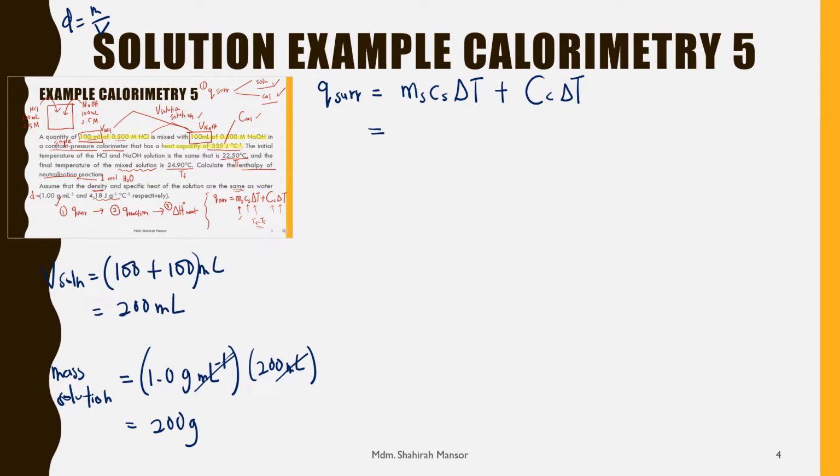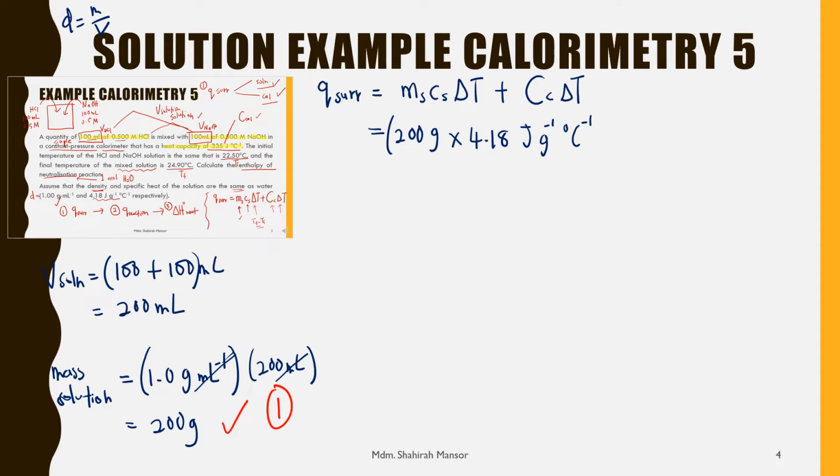Okay, tunjukkan kaedah ini untuk dapatkan markah, extra markah. Okay, so you can insert all the values into the formula. Delta T will be 2.4.